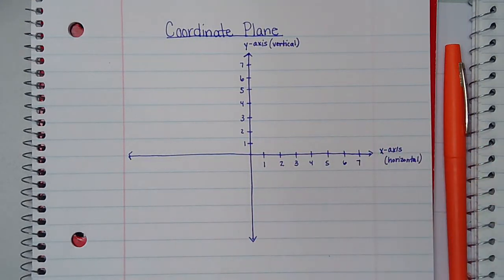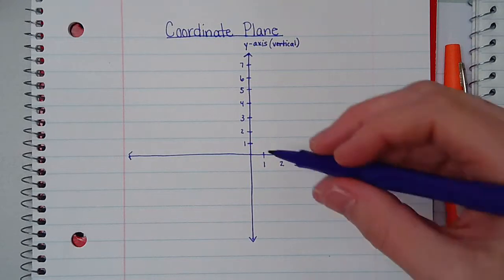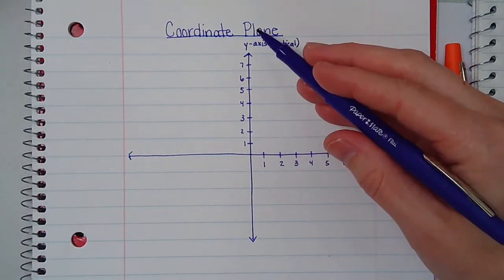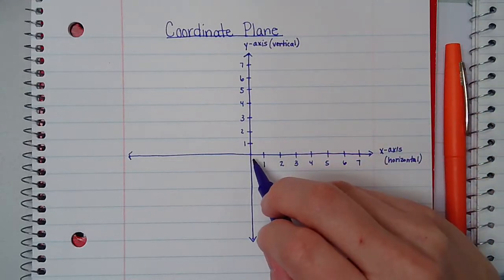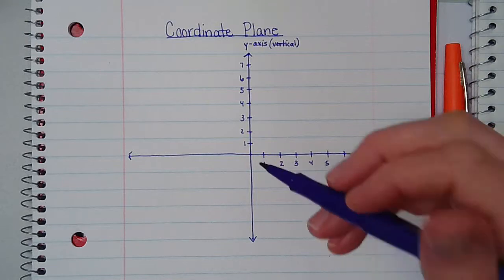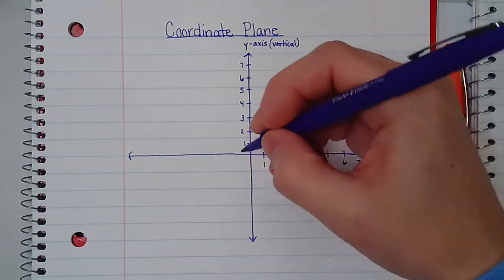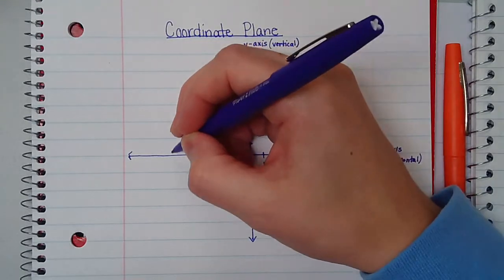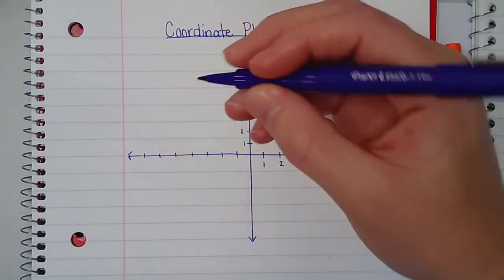All right, so both of these are just number lines. So obviously, if this is 0 right here, anything up would be a positive number. And same thing right here. If this is 0, anything to the right is a positive number, which leaves you with going left and down. So if you're going left, those numbers are going to be negative.